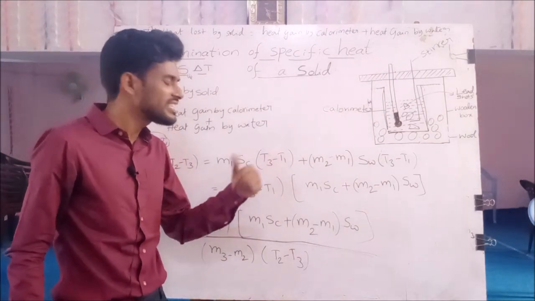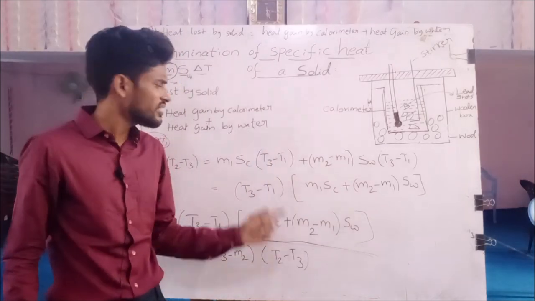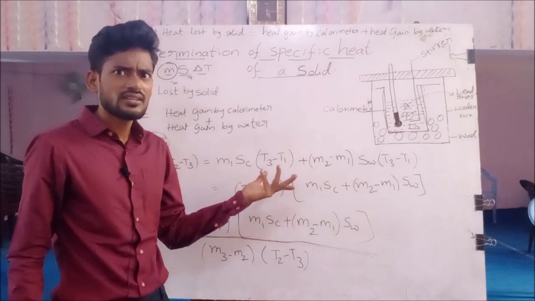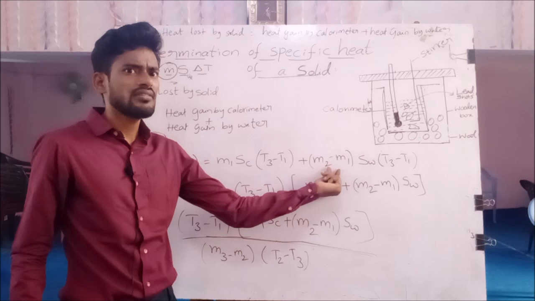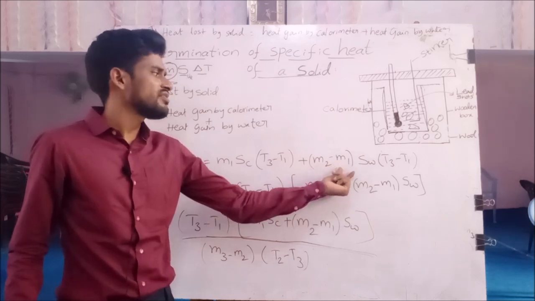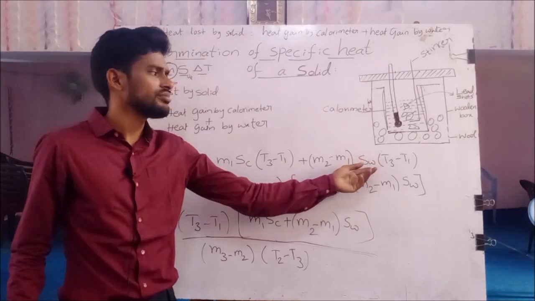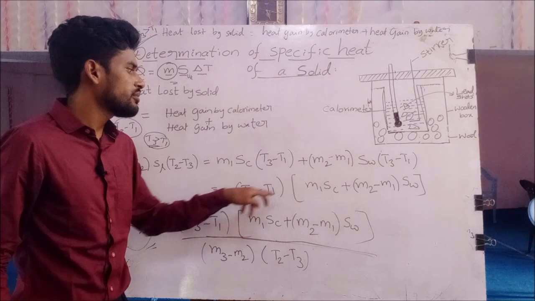Why only T3 minus T1, sir? Because T3 is greater than T1, that's why you subtract T3 minus T1. Next, water. Mass of water you know well: M2 minus M1, specific heat SW, and the same common terms.